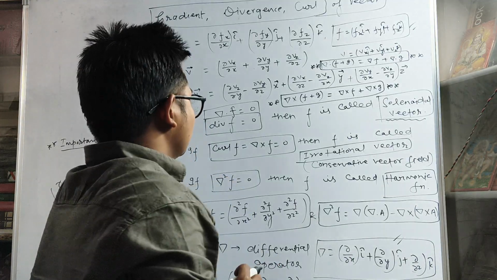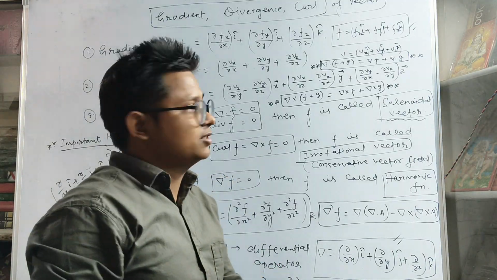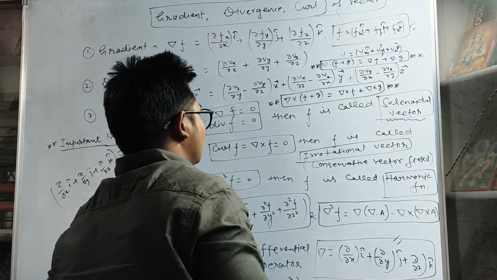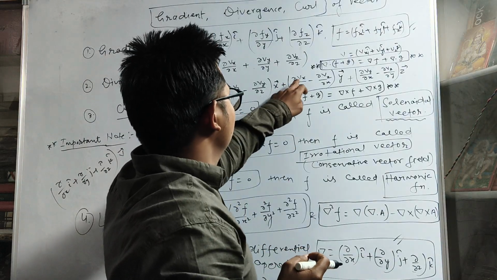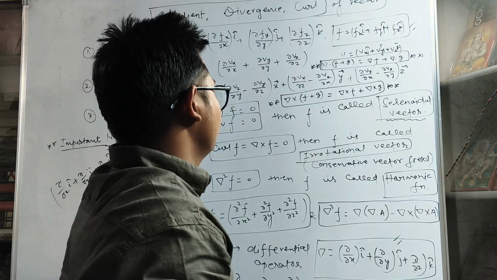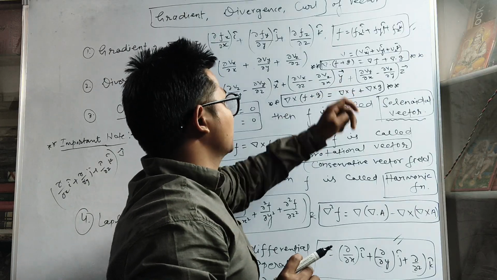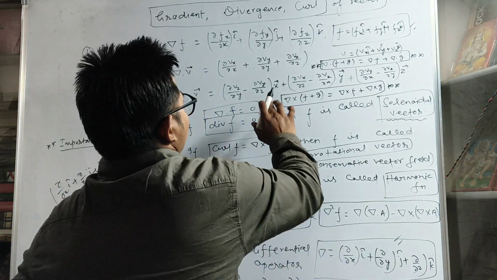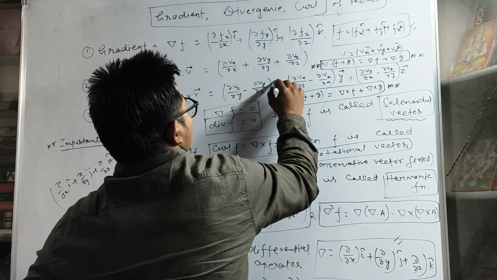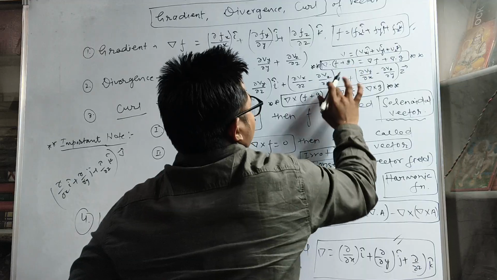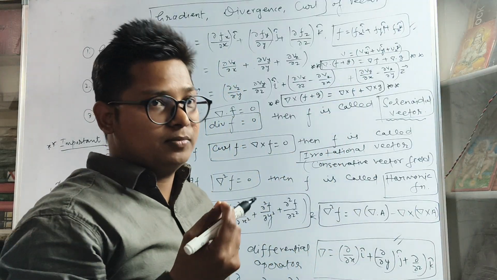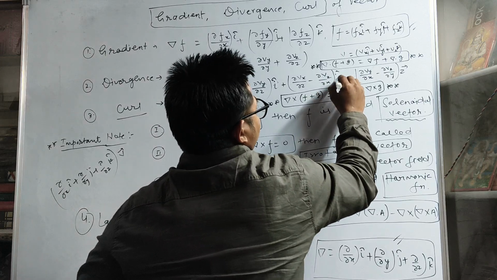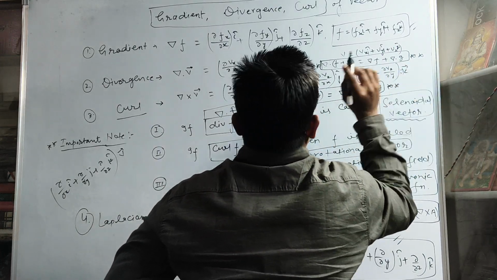So basically cross is represented by a determinant. After solving, we will get del vz by del y minus del vy upon del z in the i direction, plus del vx upon del z minus del vz upon del x in the j direction, and so on. Here unit vectors must be represented. After taking the cross product, we will obtain a vector, so we have to write i cap, j cap, and k cap.